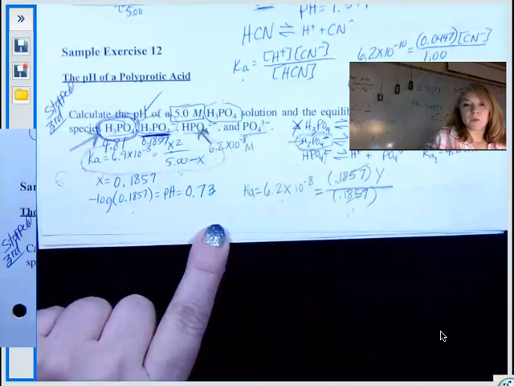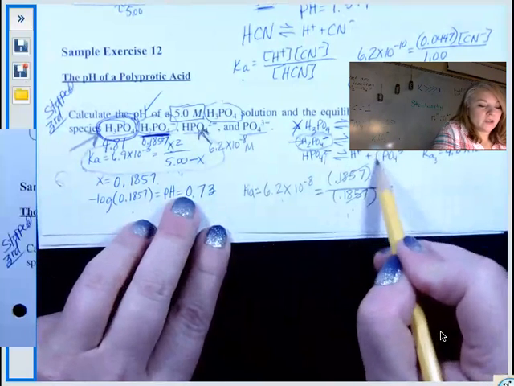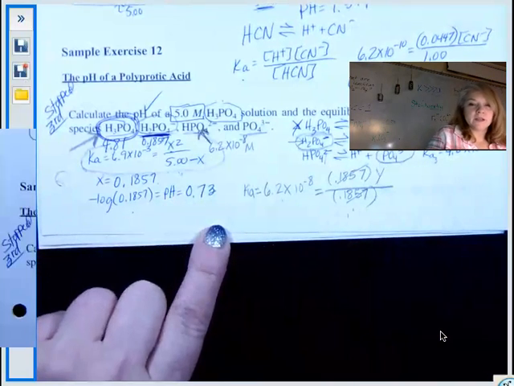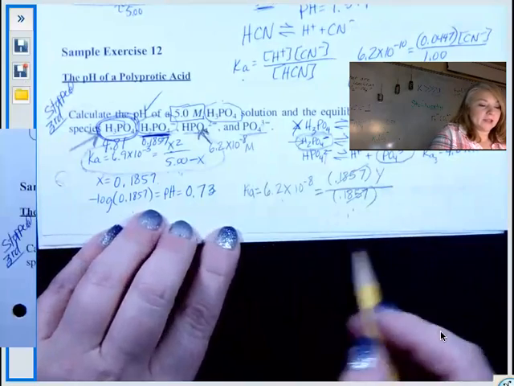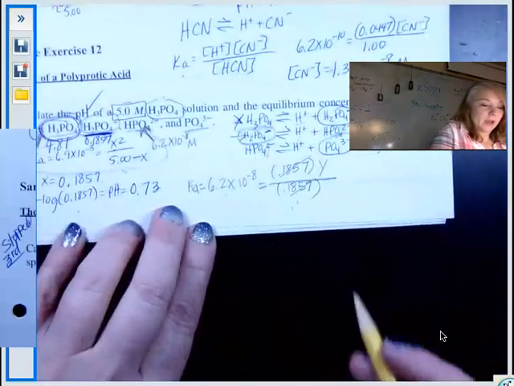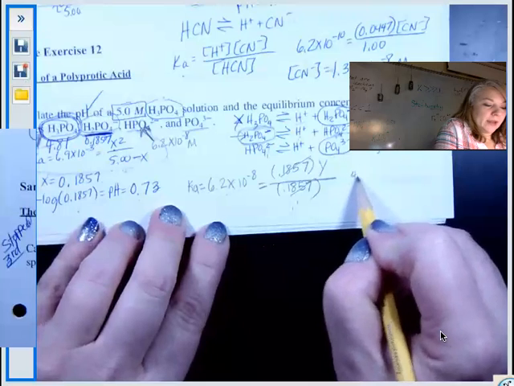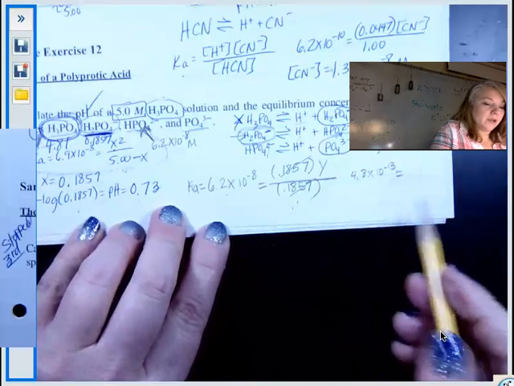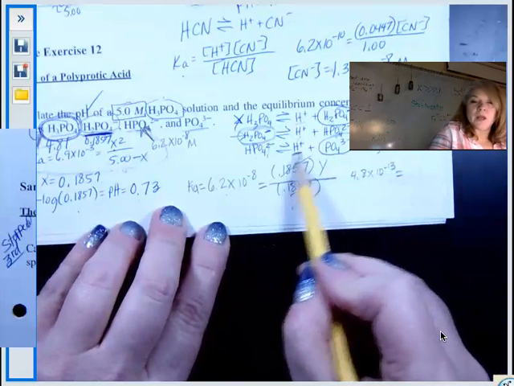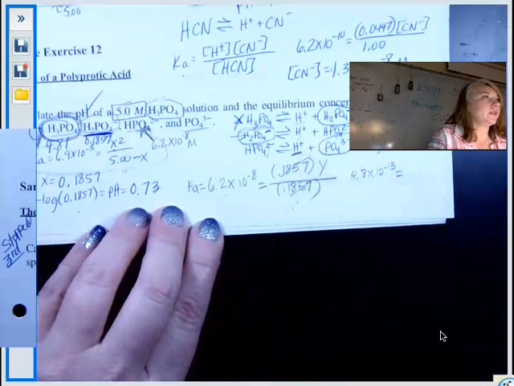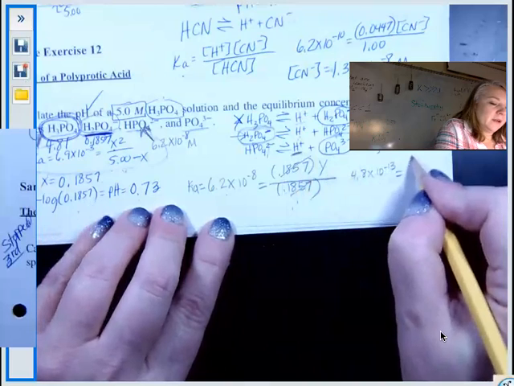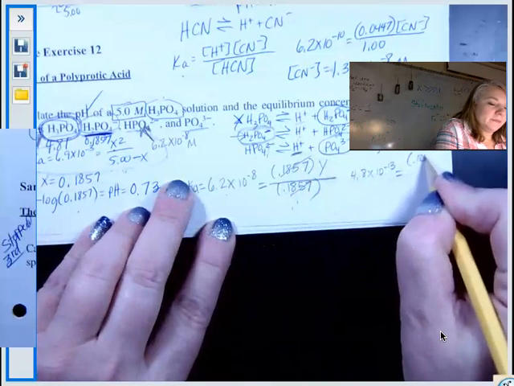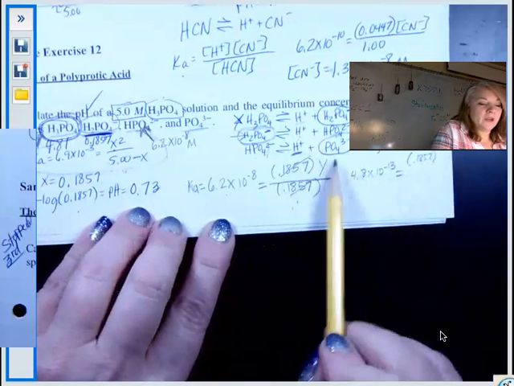Okay, and then our last one is we're trying to find the concentration of the PO4 3 minus. So again, let's set up a Ka expression for that one. We have 4.8 times 10 to the negative 13th is equal to, on top, we know H plus. We have that from the first ionization. So that would be 0.1857. We don't know the PO4 3 minus.